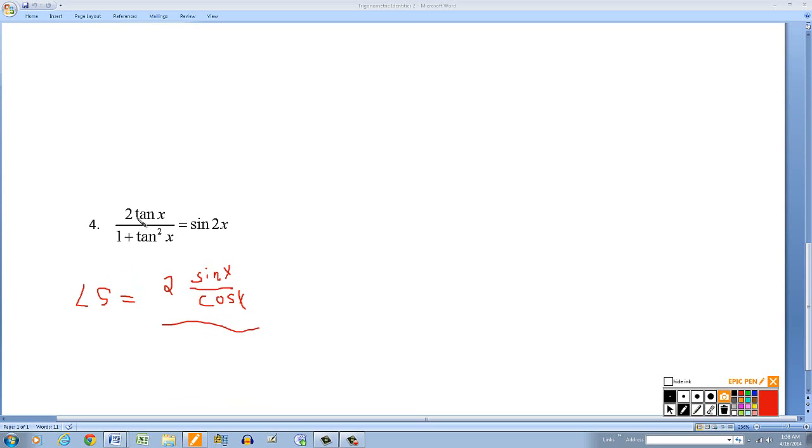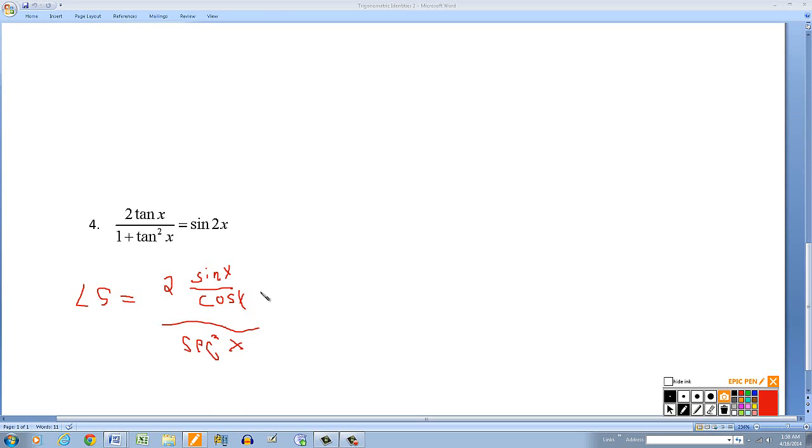So all I did is rewrite the tangent of x as sine of x over cosine of x. And then in the denominator, 1 plus tangent squared x, that's one of your Pythagorean identities. That's the same thing as secant squared x.